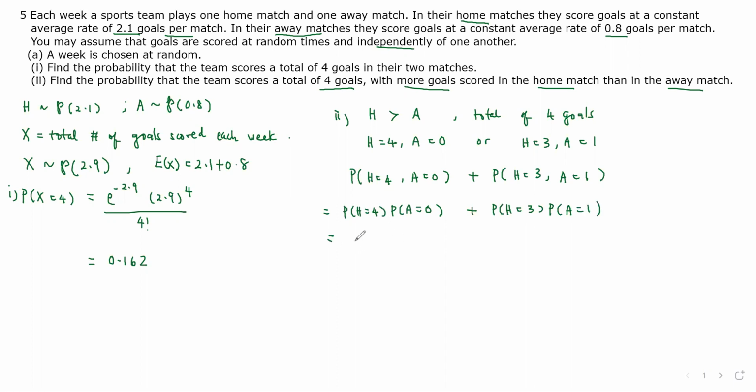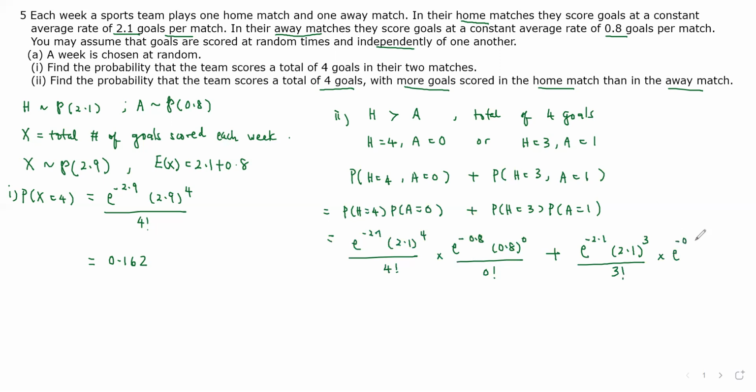For H equals 4, we have e to the negative 2.1, 2.1 to the 4 over 4 factorial, times, for A equals 0, e to the negative 0.8, 0.8 to the 0 over 0 factorial. The second part, H equals 3, we have e to the negative 2.1, 2.1 to the 3 over 3 factorial, times e to the negative 0.8, 0.8 to the 1 over 1 factorial.